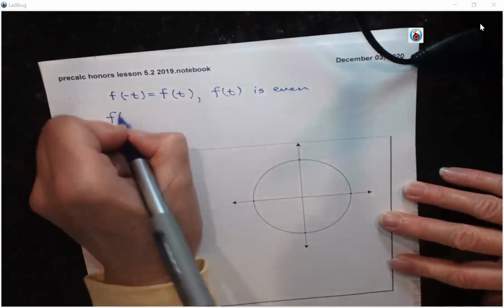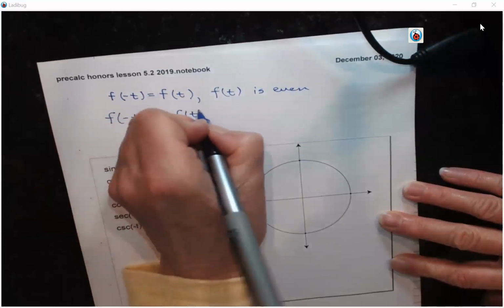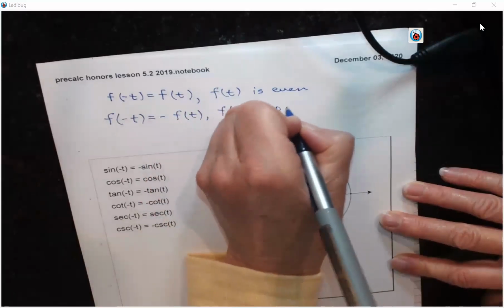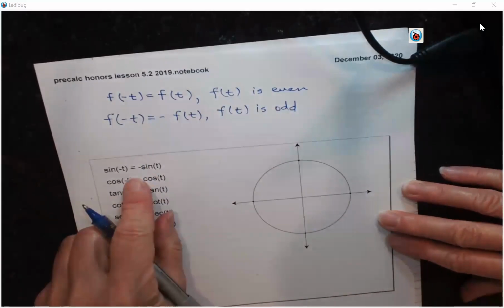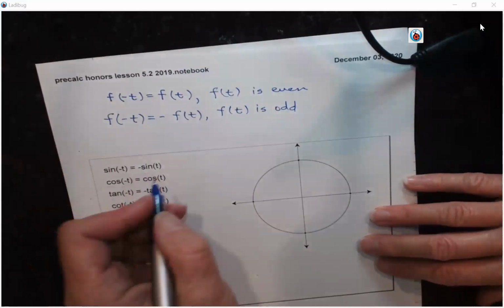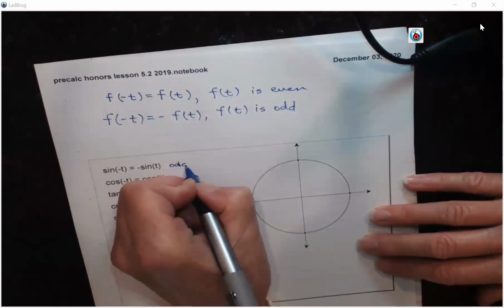And if f of -t is equal to the negative of f of t, then f of t is an odd function. So in this case, we have sine of -t equal to the negative of the sine of t. That means the sine function is an odd function.